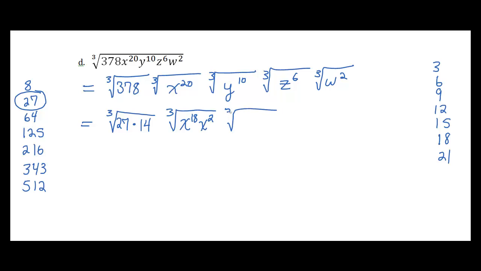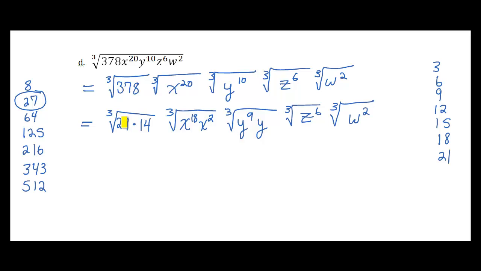For y to the 10th, you can write it as y to the 9th times y. Z to the 6th, 6 is a perfect cube, so I'm going to leave it the same. And the exponent on the variable w is less than my index, so that is already simplified completely.